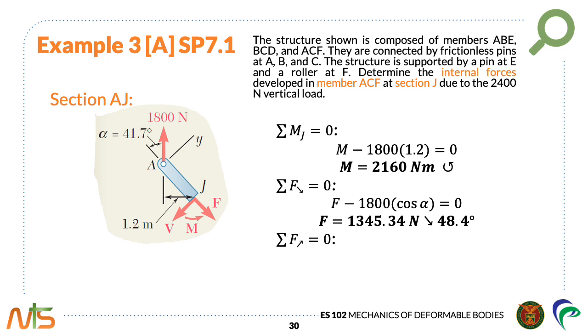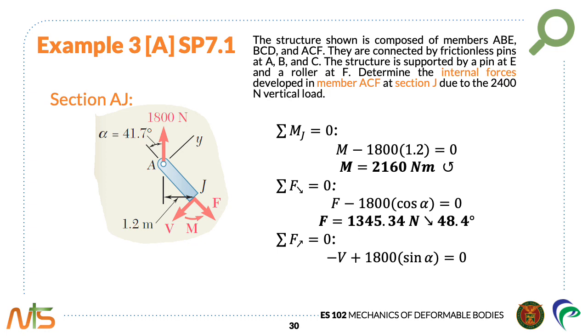Last but not the least, we have summation of forces about the y-axis equal to 0. We have V directed to the negative y-axis, so the term is negative. And then we have the y component of the 1,800 Newton force. So that is 1,800 multiplied by sine alpha.